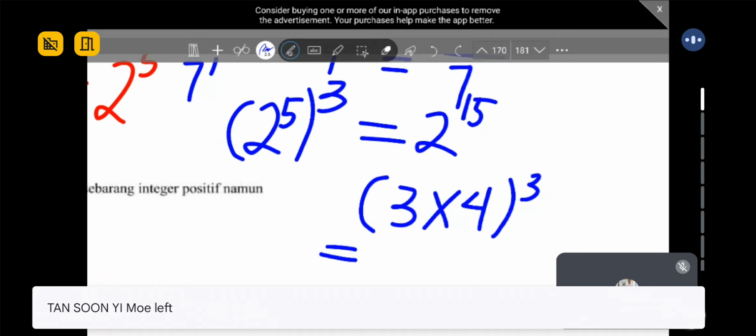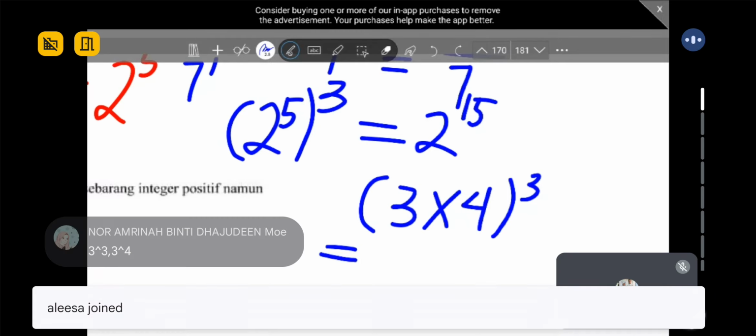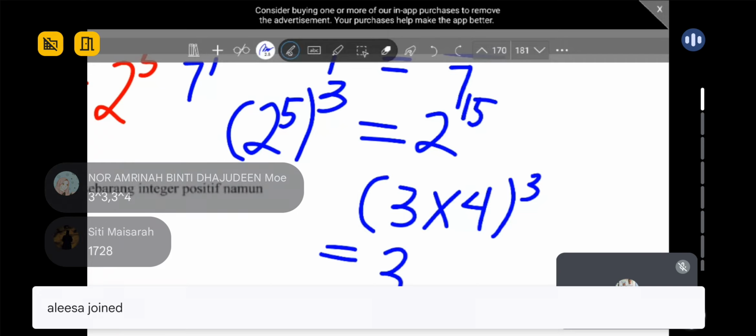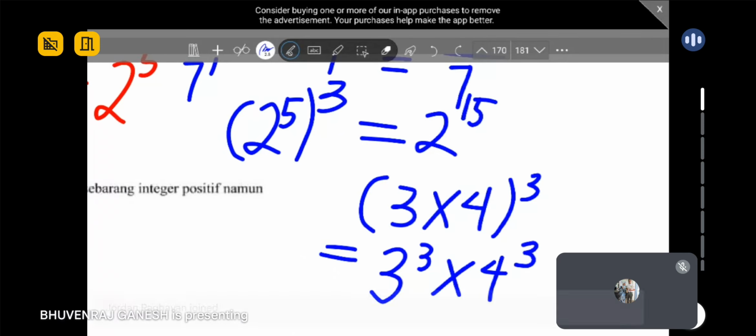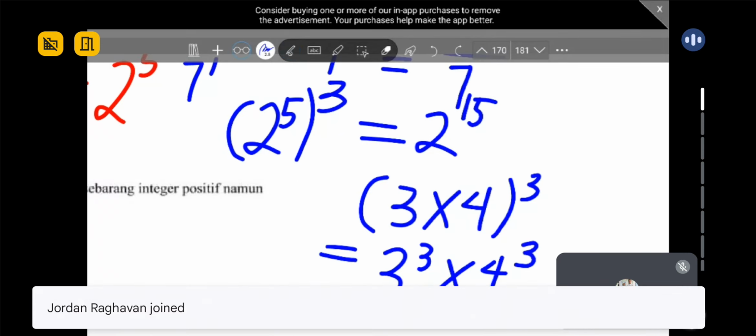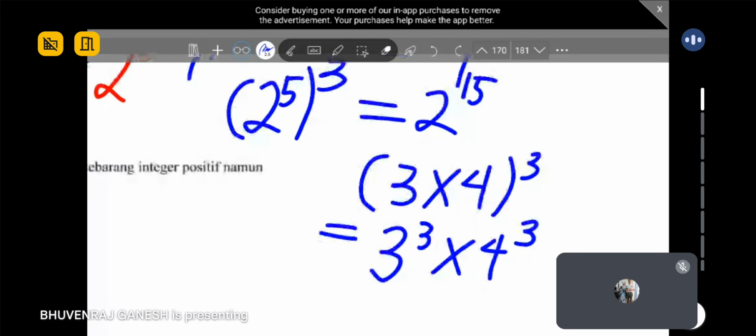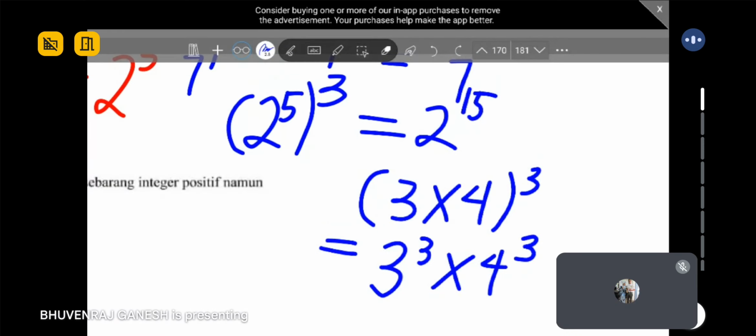Anyone? Come on. Apa jawapan dia, guys? Yes. Okay, 3 power 3 times 4 power 3. Very good. Okay, 3 kuasa 3 kali 4 kuasa 3. Okay, so remember this rule also. Kena ingat yang ni. Okay, macam mana tahu rumus ni sah atau tidak? How to know whether this formula is valid or not?